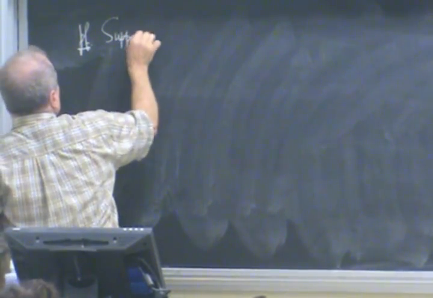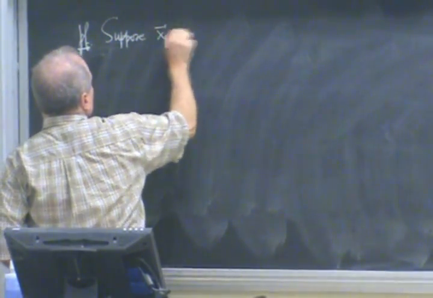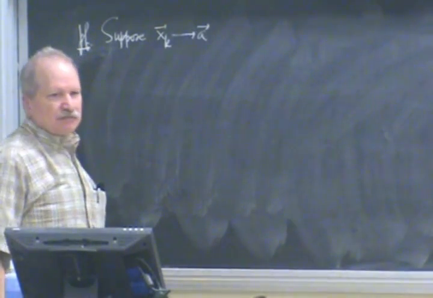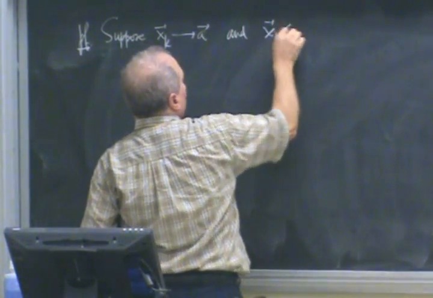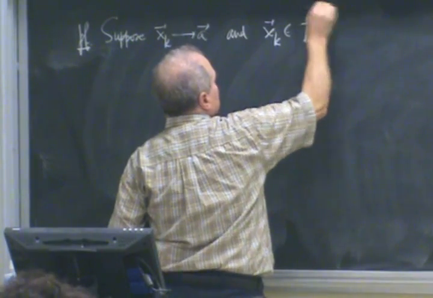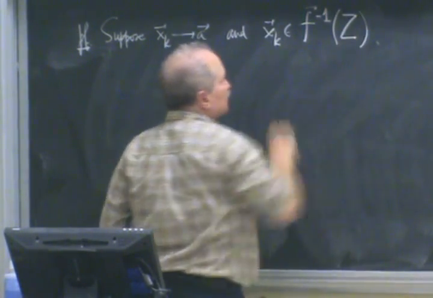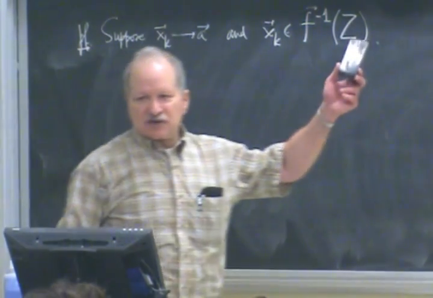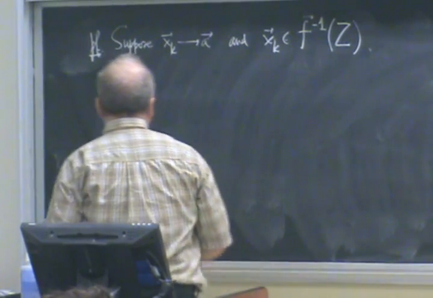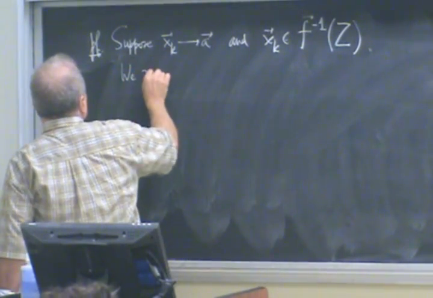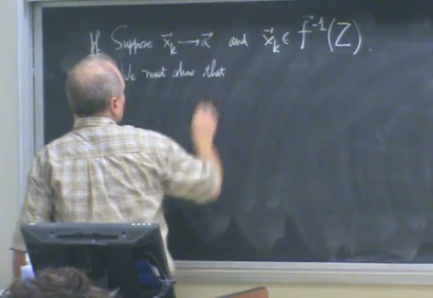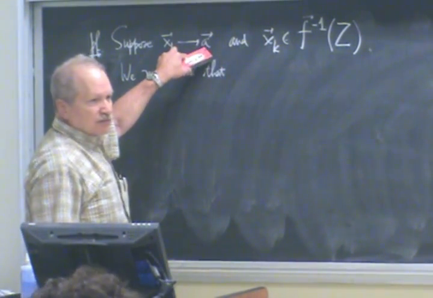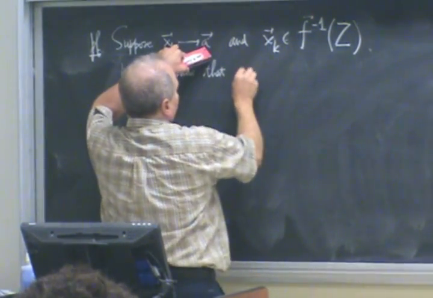Suppose I have a sequence of points xk converging to A, and the xk's are all in F inverse of capital Z. That's the set I'm trying to prove is closed. We want to show what? What do I want to show about A? That A is in this as well.